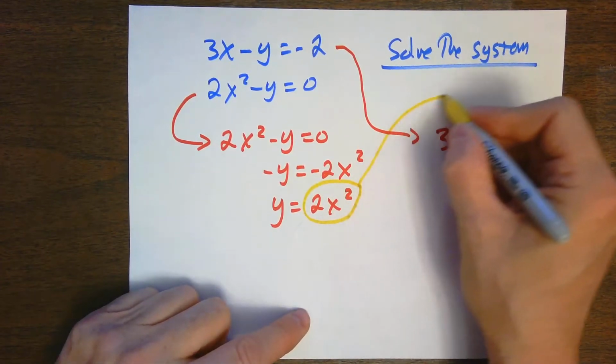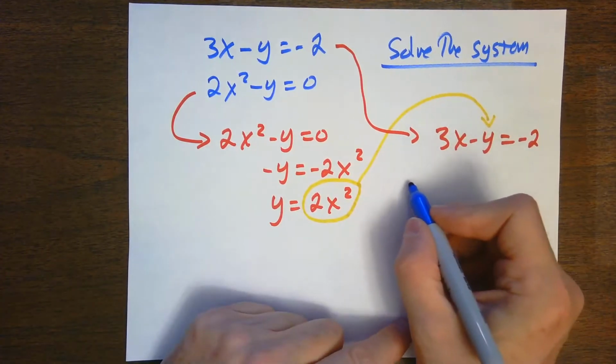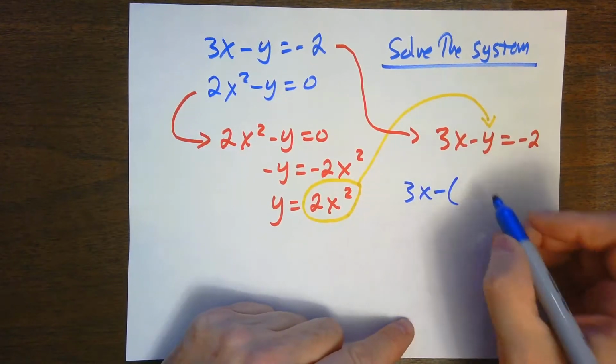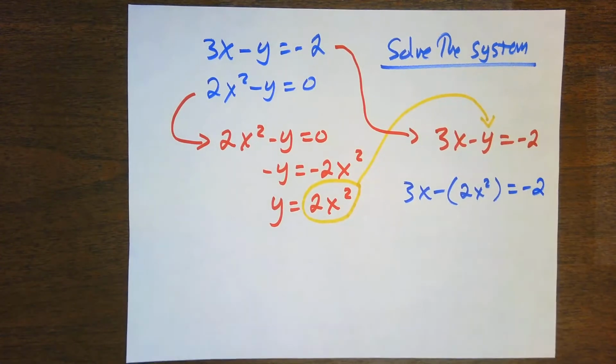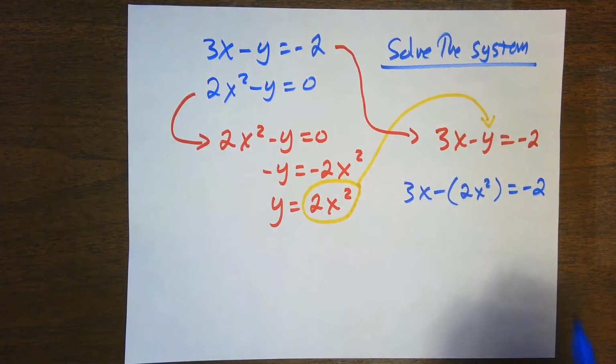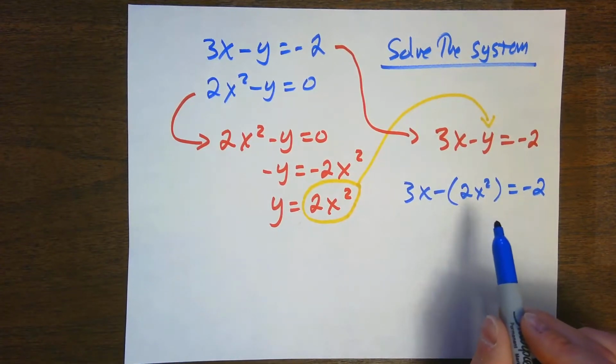I'm going to substitute it in there for y and solve. So when I substitute it in, I get the new equation, 3x minus 2x squared equals negative 2. Now I'm going to solve this equation, and of course when I solve this equation, I'm going to find the x values of the solutions.